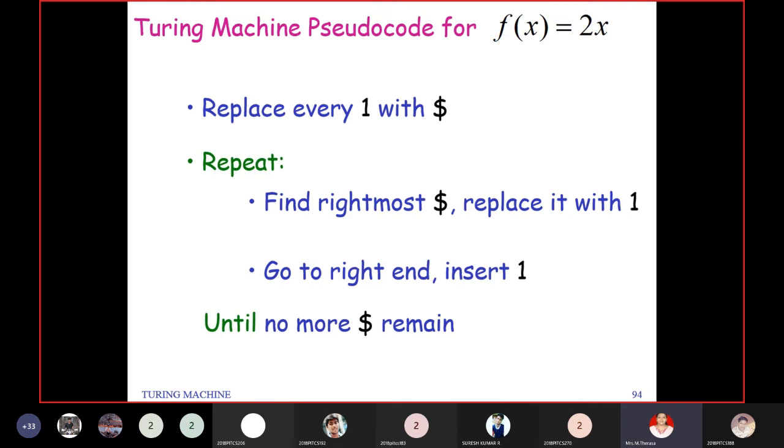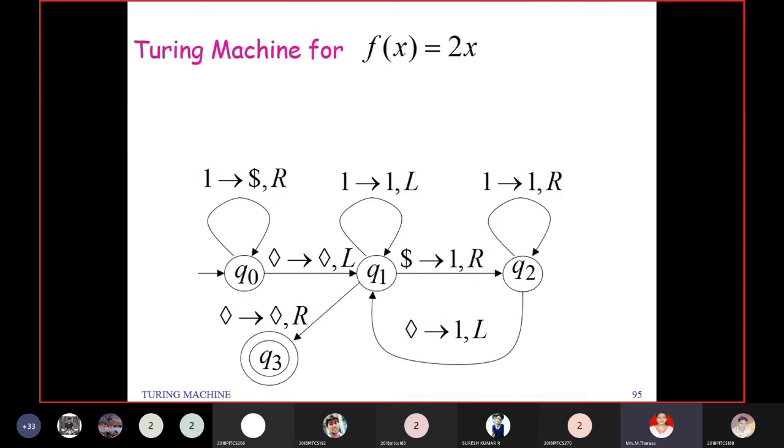Replace every one with dollar and repeat this function: find the rightmost dollar, replace it with one, go to the right end, and insert one, until no more dollar remains. Okay, we'll see the example. At Q naught, when you read 1, replace it with dollar and move right.